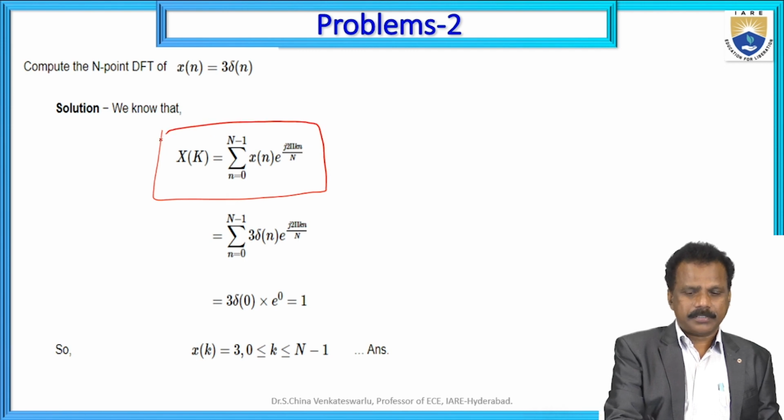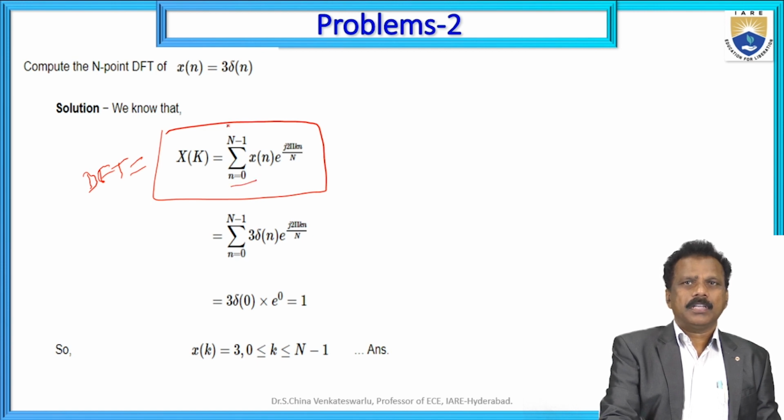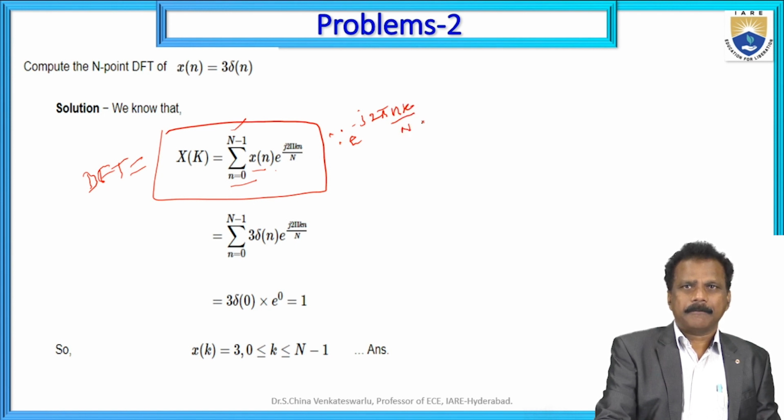The DFT formula is x of k equal to the summation from n equal to 0 to N minus 1 of x of n into e power minus j 2 pi kn by capital N.